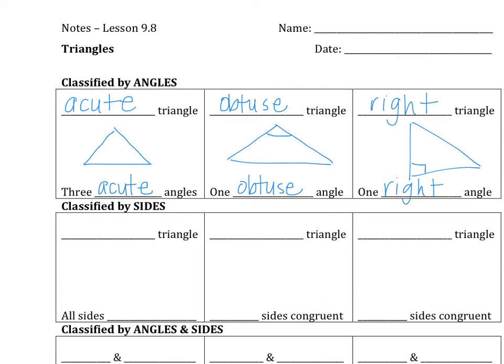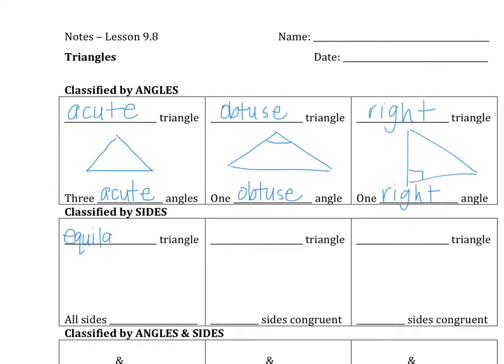Now let's classify by sides. The first triangle is an equilateral. And so just by its name, we can tell a little bit about it. So equilateral, equa means the same, lateral means line.